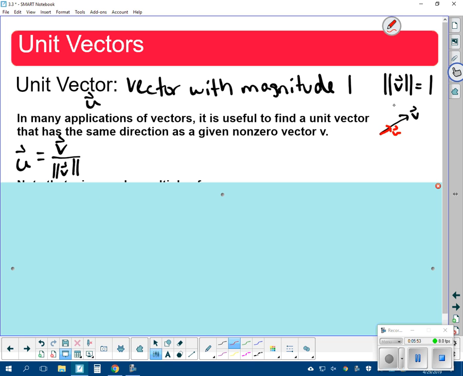So if you have a given vector, say this vector's magnitude was 3, well, if you divide its component form by 3, you're going to end up with this vector. So that should make sense to you.